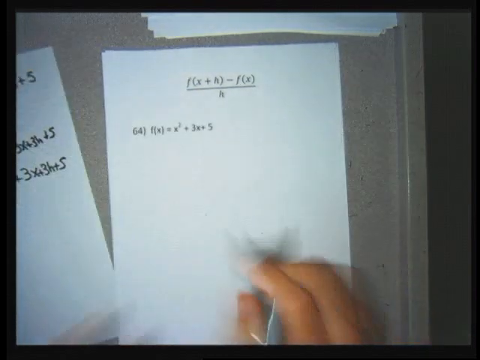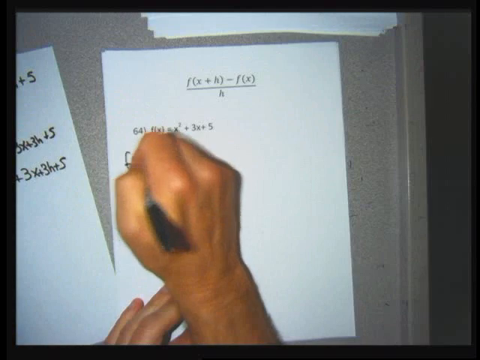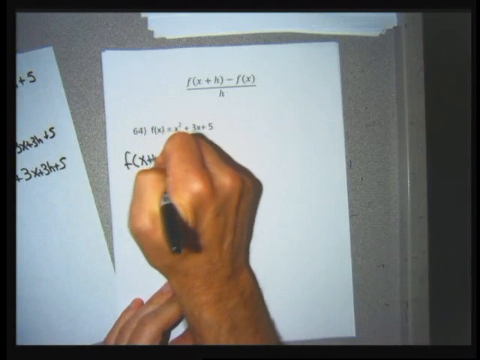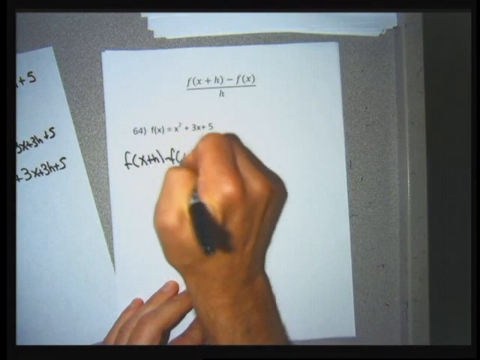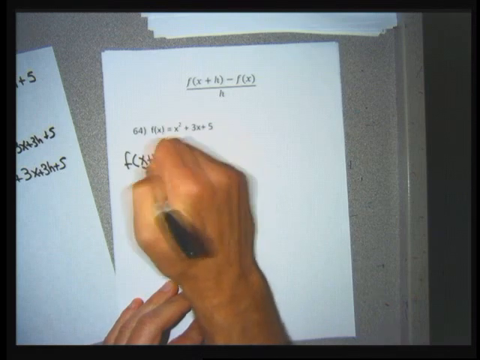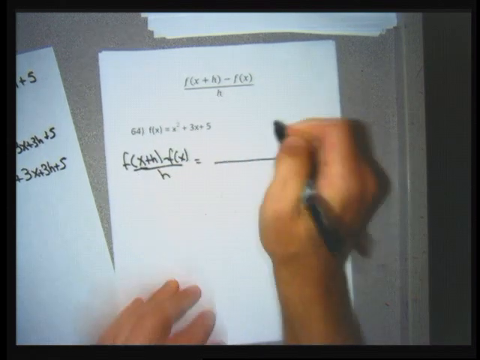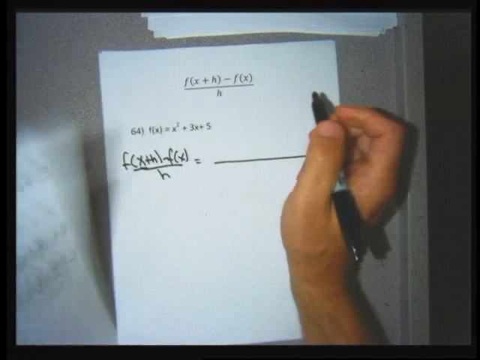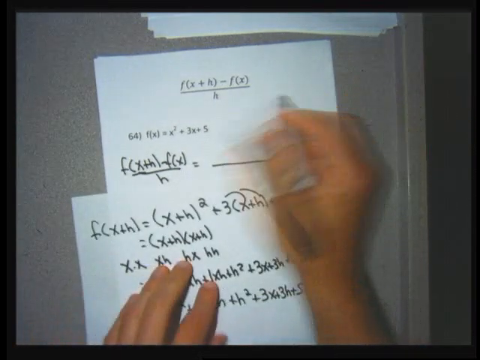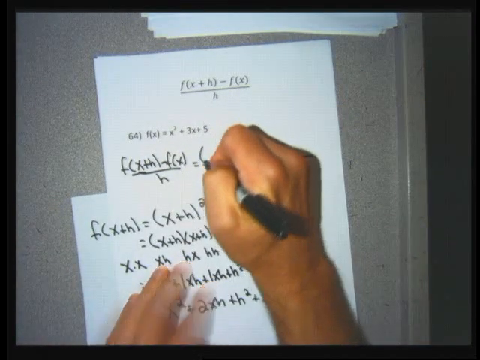So to find what I'm asked for here, f of x plus h minus f of x over h, I need to get rid of the f's in the numerator. The first f in the numerator, I'm going to get rid of by, I don't really need parentheses, but I'll put it in parentheses.